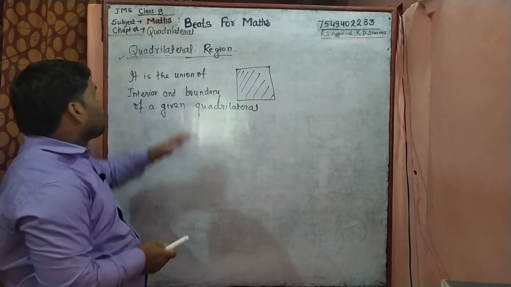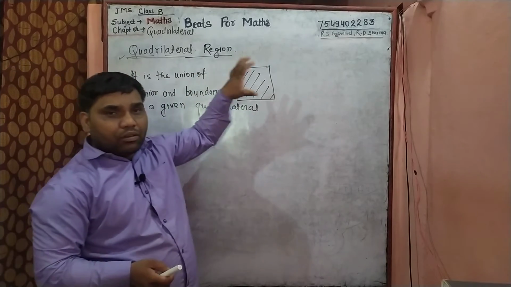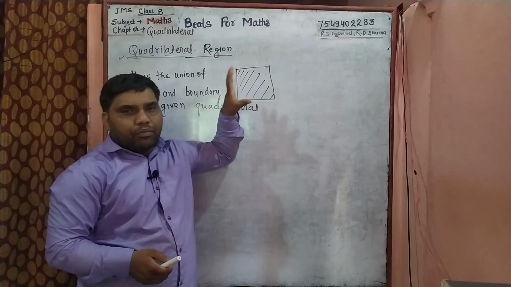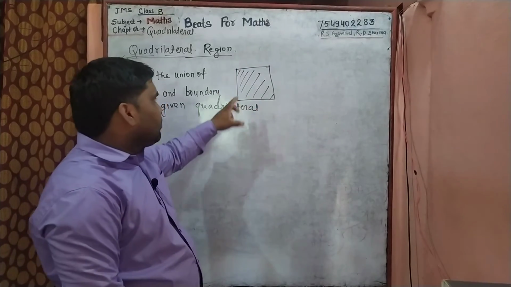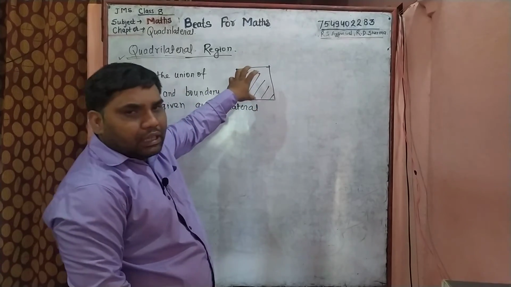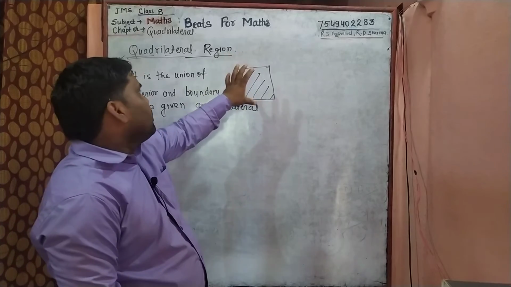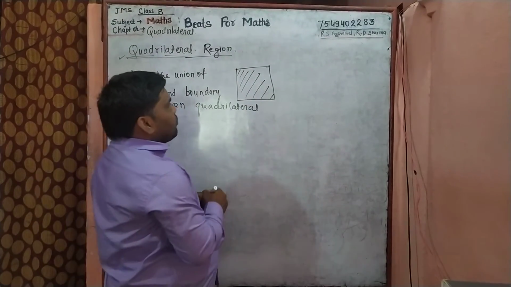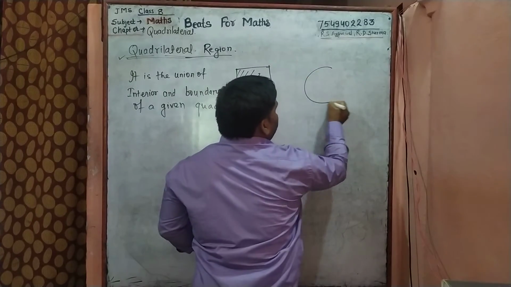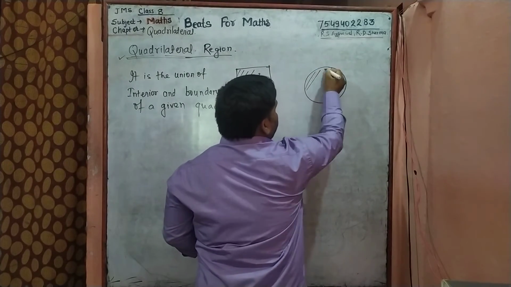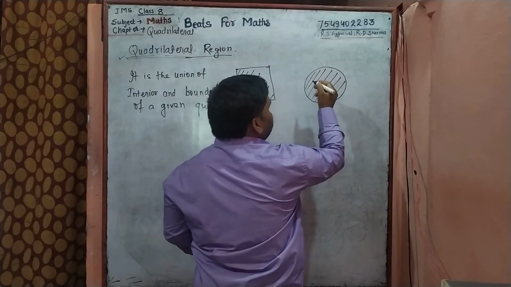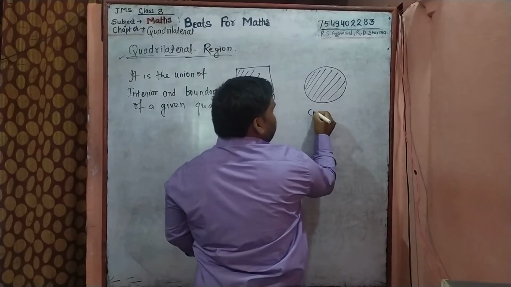A quadrilateral region means if a closed figure is a quadrilateral, then the boundary including the interior portion will be called the quadrilateral region. And when you are taking a circular figure with its boundary and interior, it will be called a circular region.